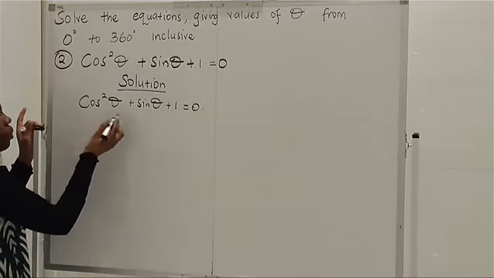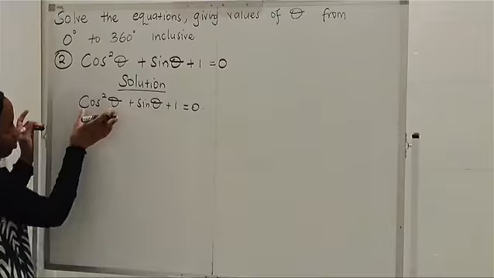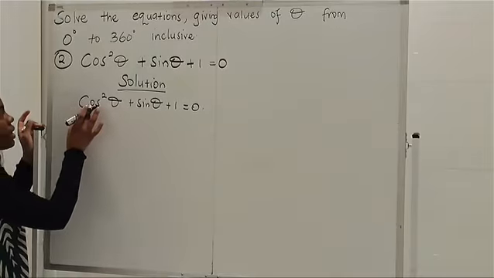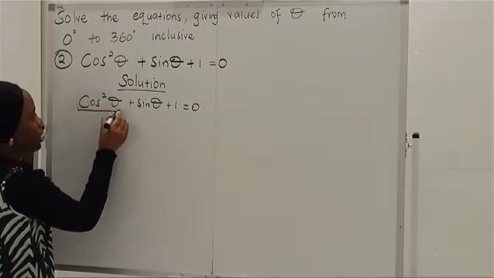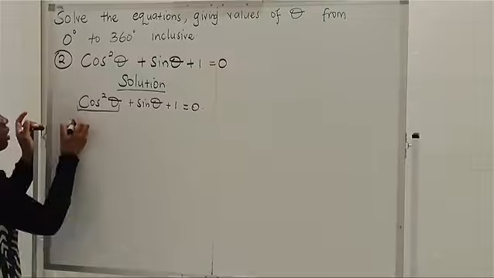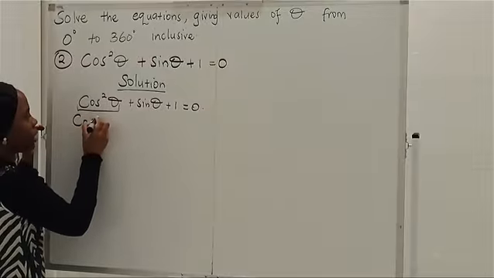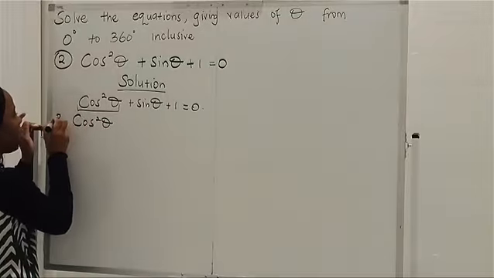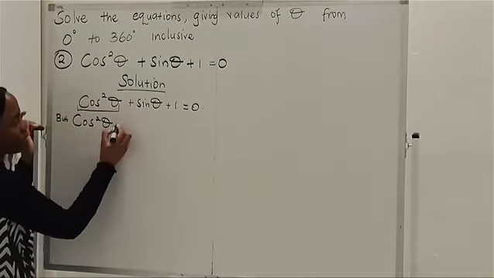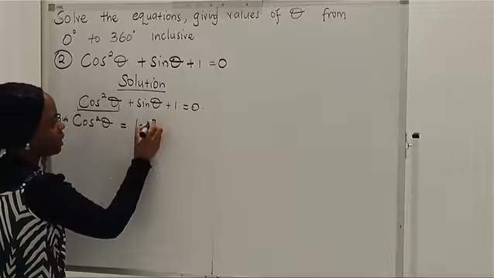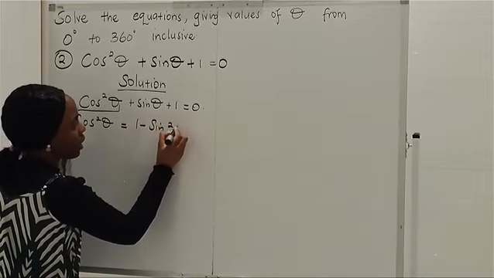Next step, we have sine theta, we have cos squared theta. So let us express cos squared theta in terms of sine theta. Cos squared theta is equal to 1 minus sine squared theta.